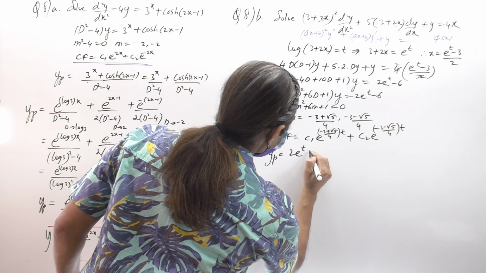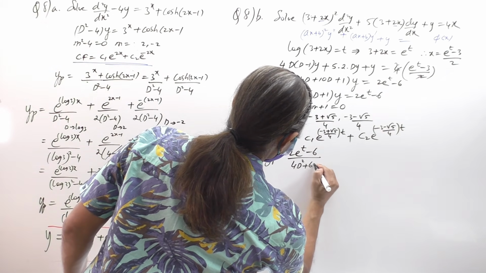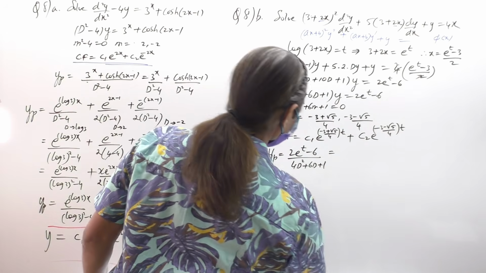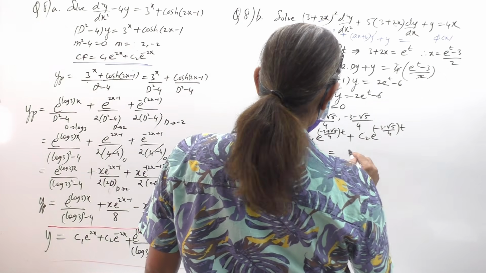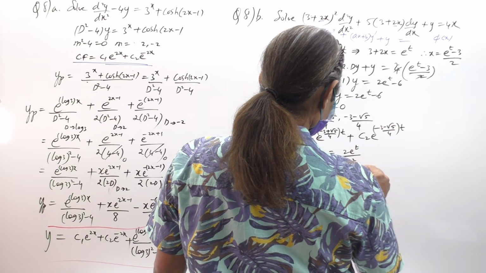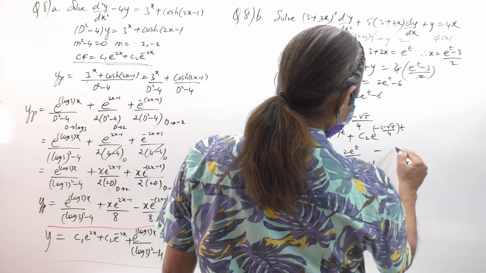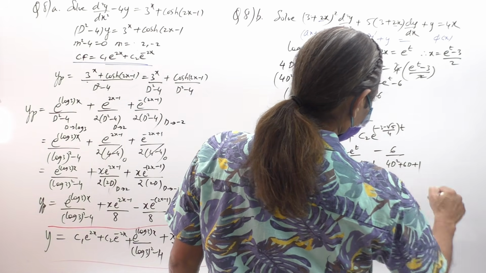Okay, fine. So we have CF here, so yp is equal to 2e^(t−6) by 4D² + 6D + 1. That is 2e^t by 4D² + 6D + 1 minus 6 divided by 4D² + 6D + 1.